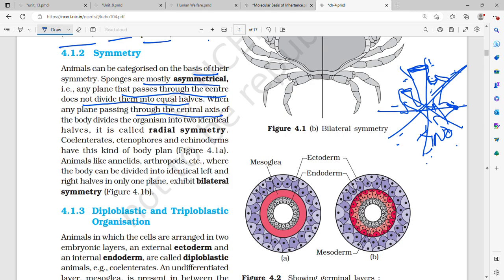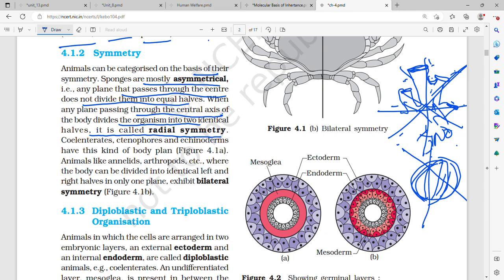Then, when any plane passing through the central axis of the body divides the organism into two identical halves, that is in any plane. So if I take an organism, no matter how many planes I pass through, I'm always going to get identical halves.